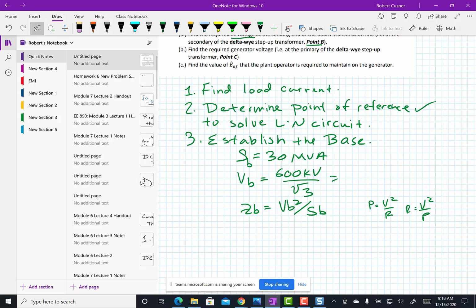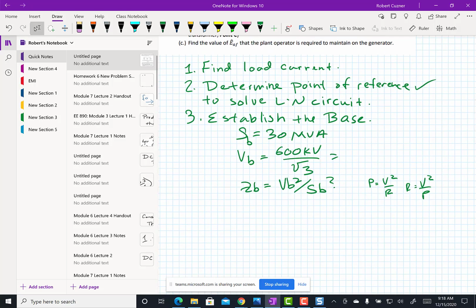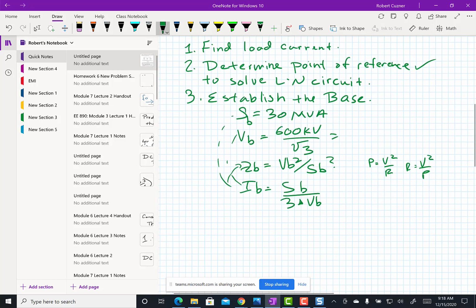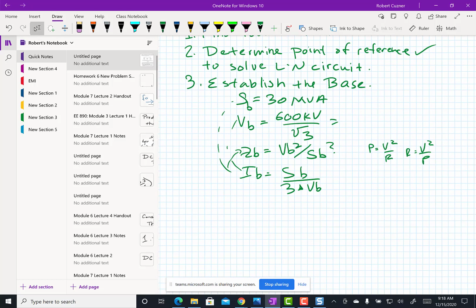I believe. Now it's a three-phase circuit, so it gets a little confusing. If you don't want to screw up, find I base. I base is S base divided by 3 times V base. Going from here and here to here, you get some cancellations, and it's always confused me in three-phase, so I don't do this.